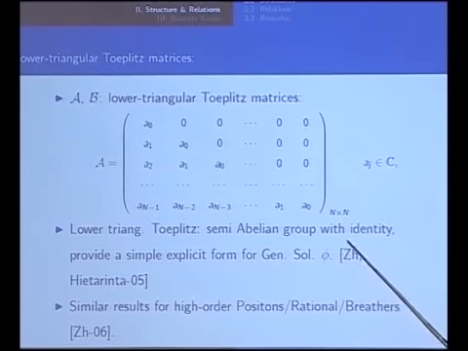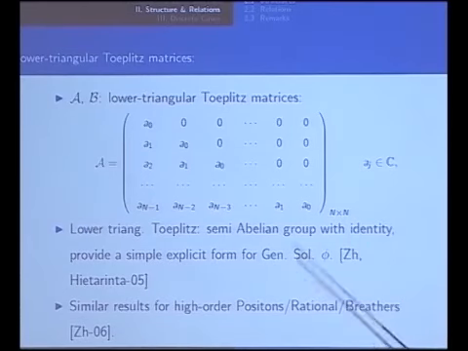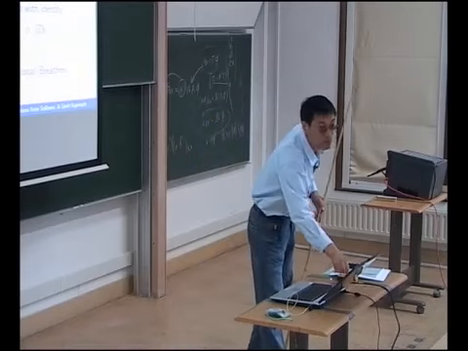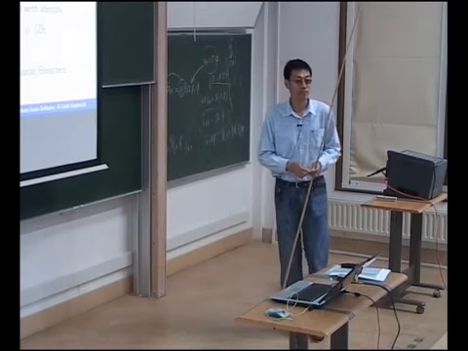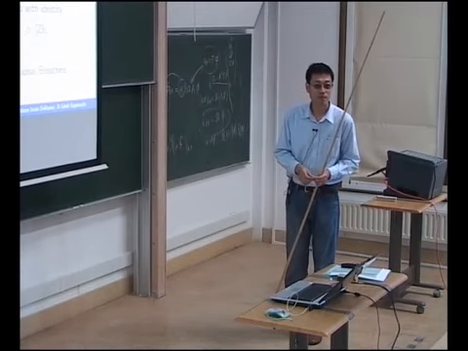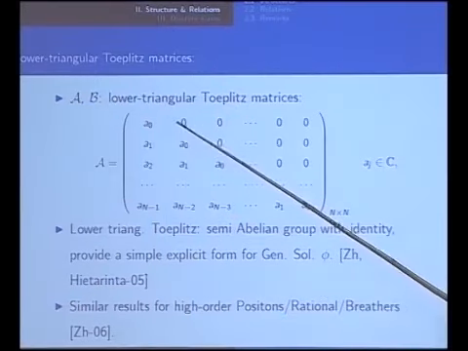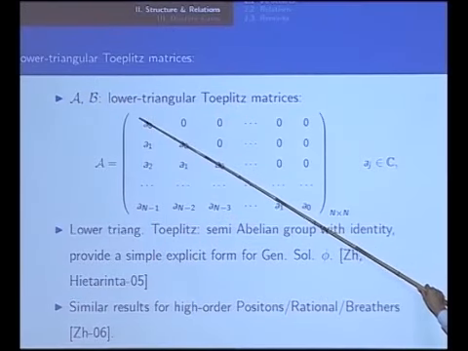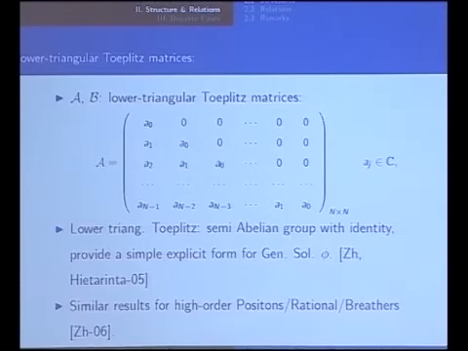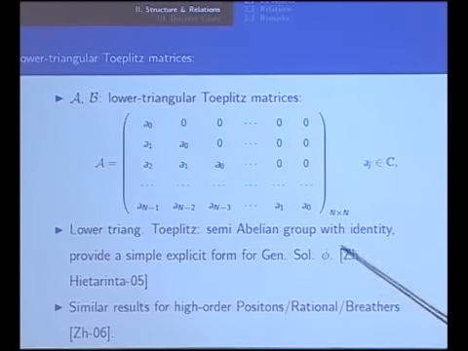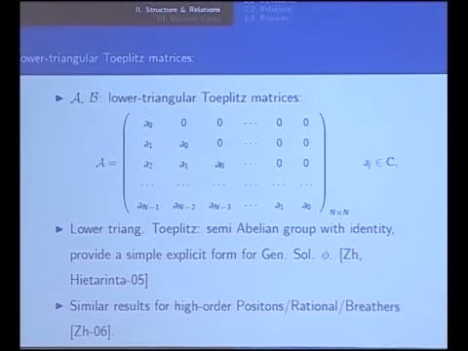And we can also see that all such matrices form a semi-abelian group with identity. Yes, okay, I can give you an example for your question. What does semi-abelian with identity mean? Can it be without identity? No, okay, so the unity is also a kind of lower triangular Toeplitz matrix.